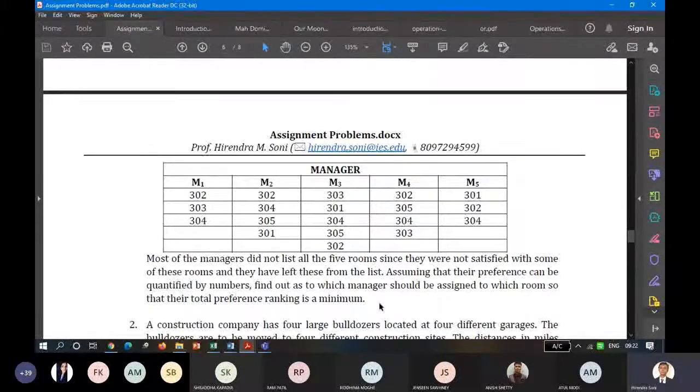Now you as an HR have to define कि किसको कौन सा रूम्स आप देंगे. How will you approach it?